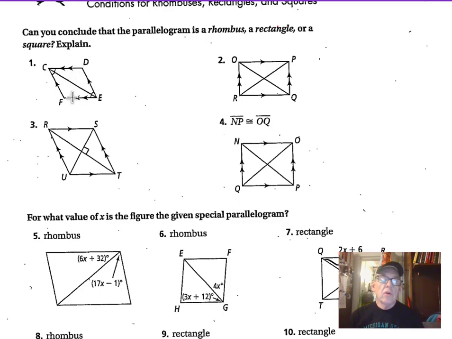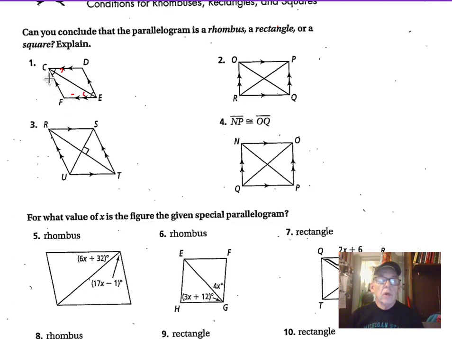So we got alternate interior angles. These angles are congruent, parallel. So alternate interior angles are congruent. Let's mark up what we can see here. This angle and this angle are going to be congruent.